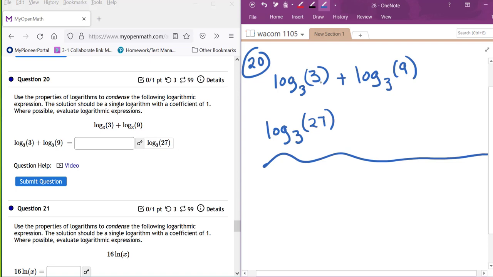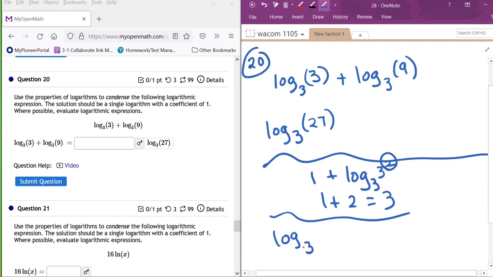So log base 3 of 3 is 1, and log base 3 of 9 is 3 squared. So log base 3 of 3 squared is going to be 2. The answer is 3. You could get the same thing here.